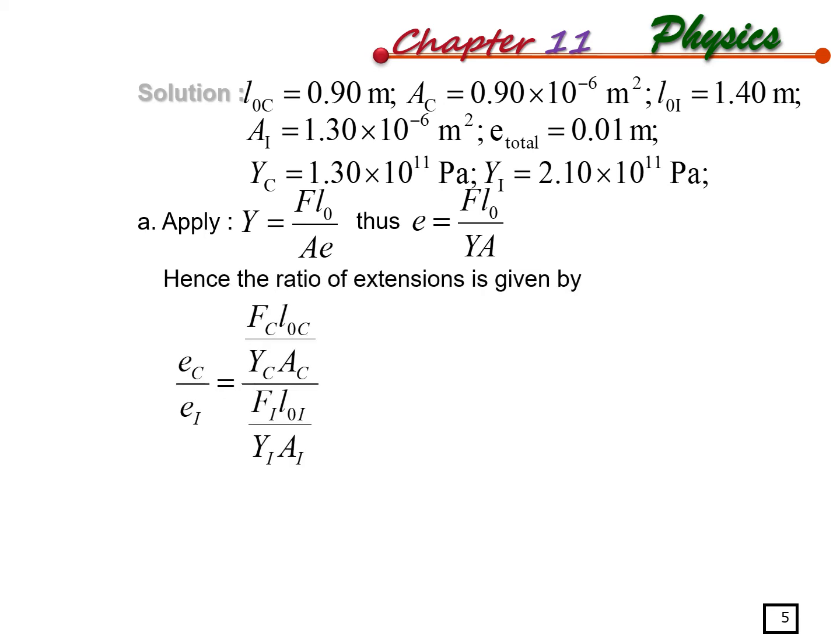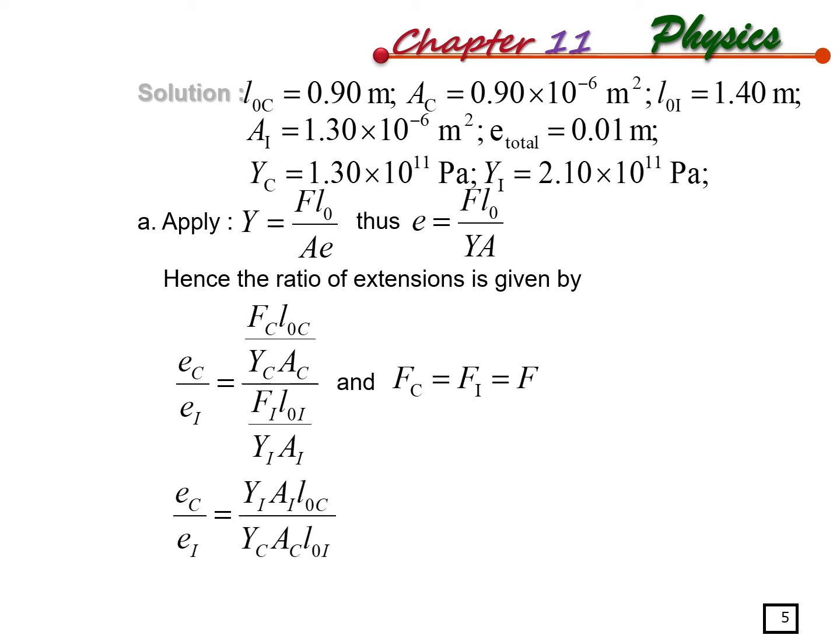Okay, so since we are going to determine the ratio, copper to iron, we divide and then replace the value of copper over the value of iron over here. Okay, so since we apply the same amount of force across these two, that means the force across copper and iron will be equal, a constant force F, which can be cancelled off.